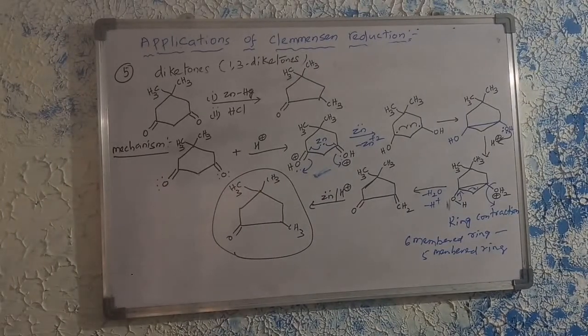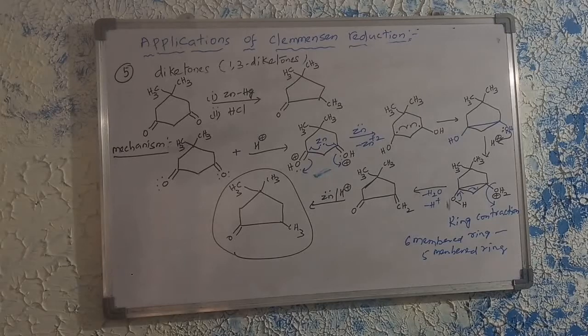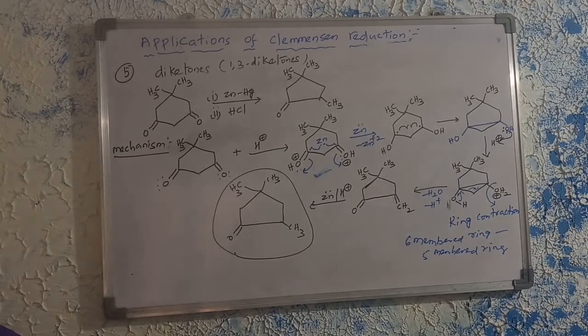If a five-membered ring is there, then during the ring contraction process, the five-membered ring is converted into a four-membered ring. So that is the process. In ring changes, ring expansion and ring contraction are both possible. Here ring contraction is possible. So due to the ring contraction process, a six-membered ring is converted into a five-membered ring. So thank you.